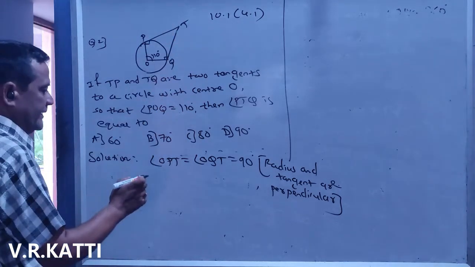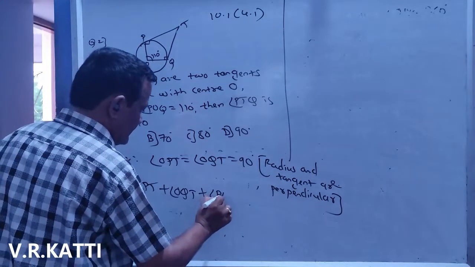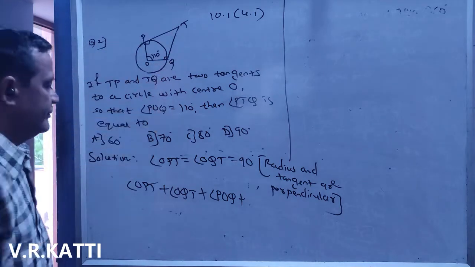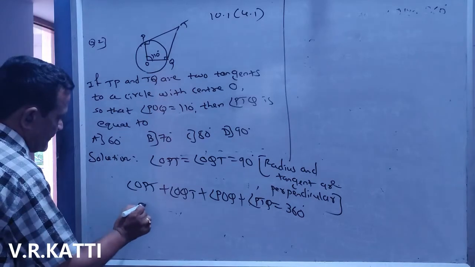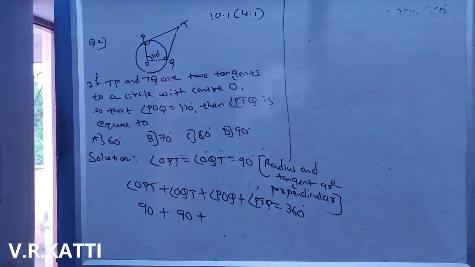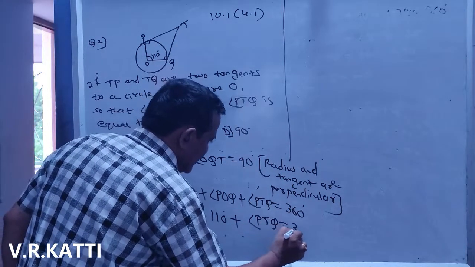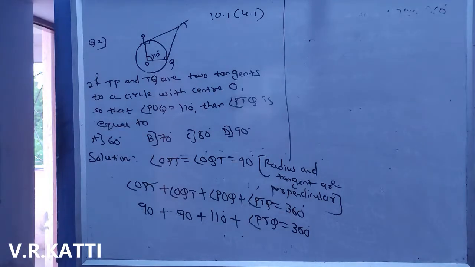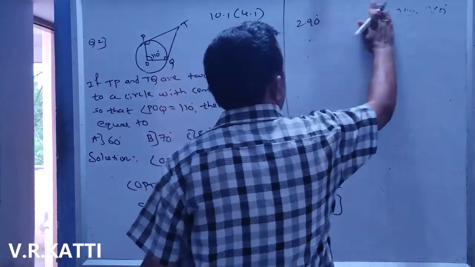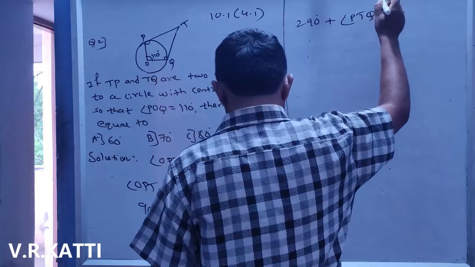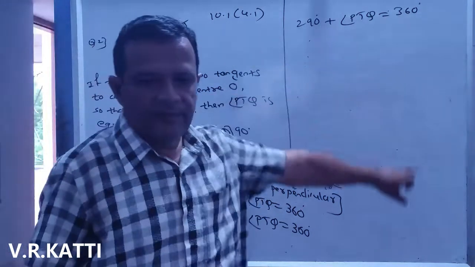So it is angle OPT plus angle OQT plus angle POQ plus angle PTQ, equal to 360. OPT is 90, OQT is 90, POQ is 110, plus angle PTQ as it is. 90 plus 90 is 180, 180 plus 110 is 290. 290 plus angle PTQ equals 360.